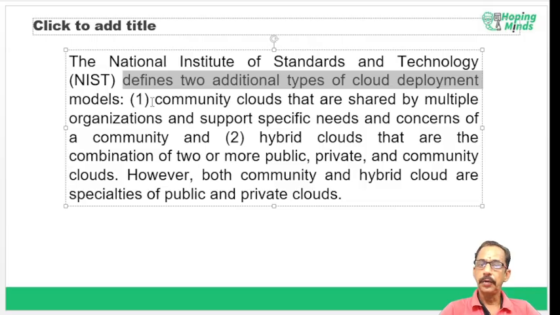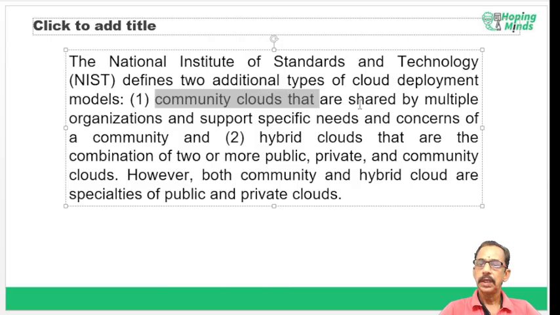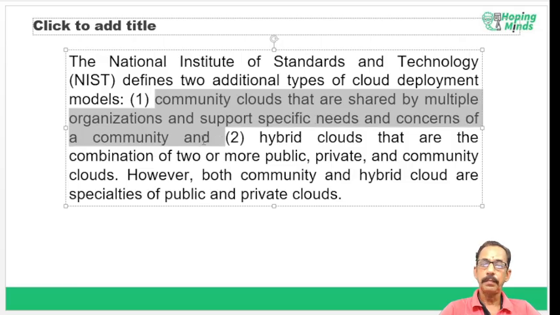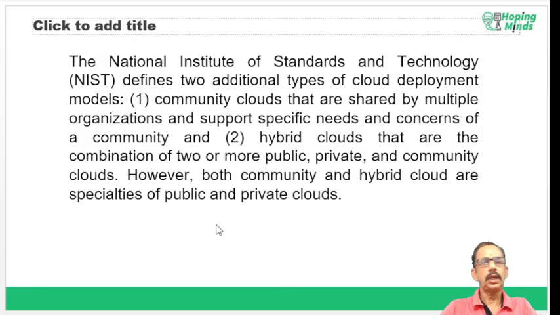One is the community cloud, which is shared by multiple organizations and supports specific needs and concerns of a community. You can also say three or four organizations set up their own data centers, only according to their requirements and needs.